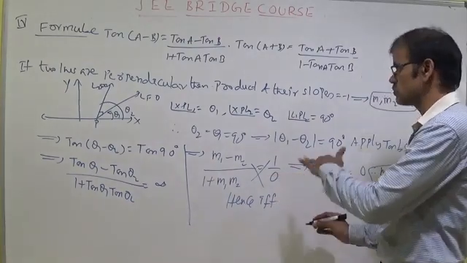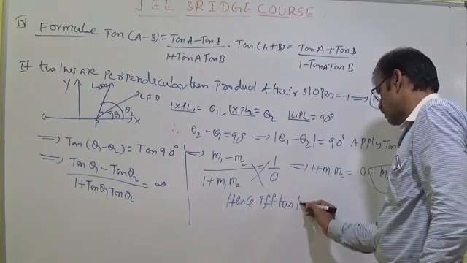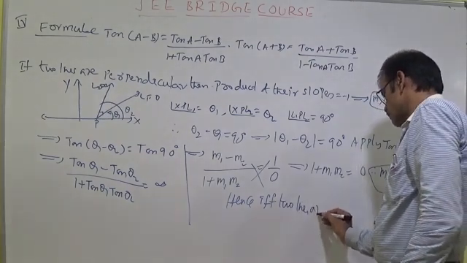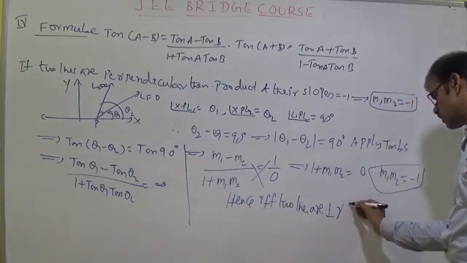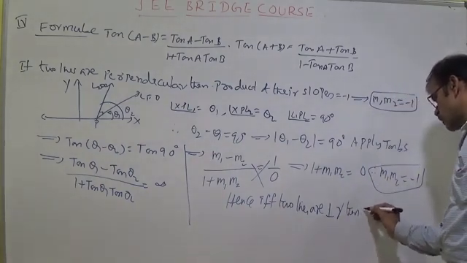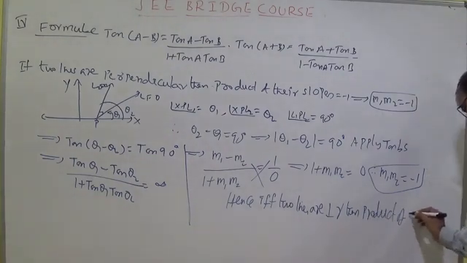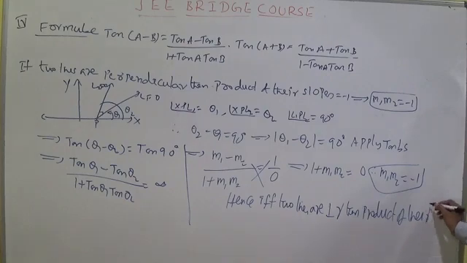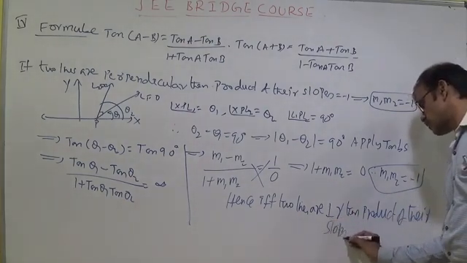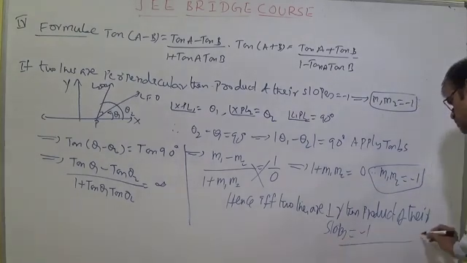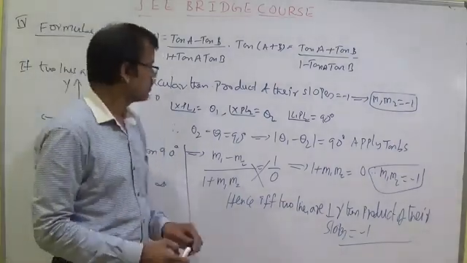If two lines are perpendicular, this is the symbol of perpendicular, then the product of their slopes is equal to -1. Two lines are perpendicular, then product of their slopes equal to -1. This is the concept and important also.